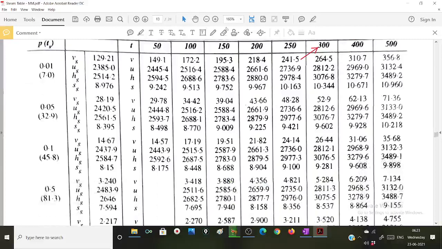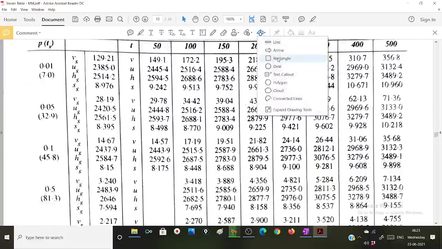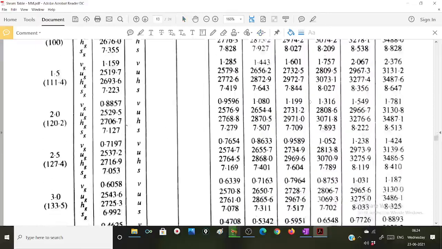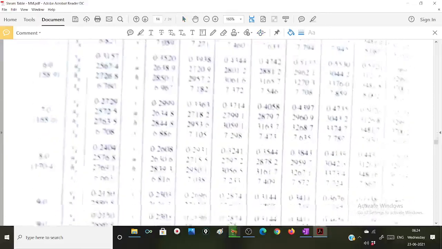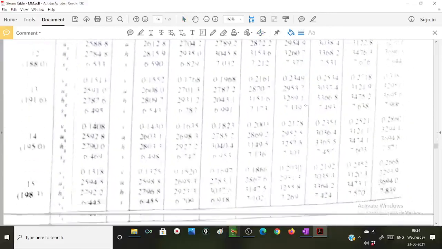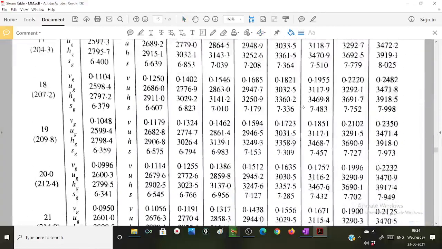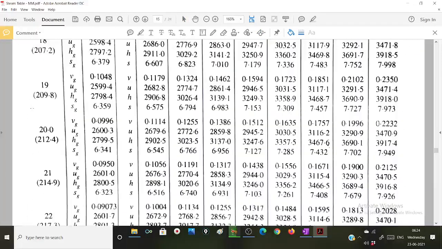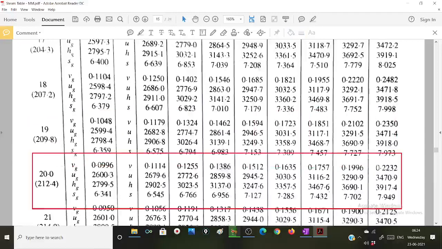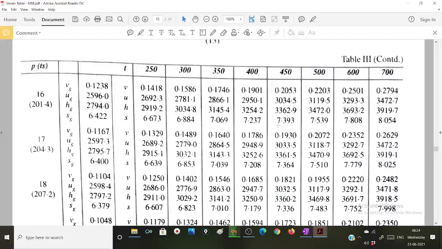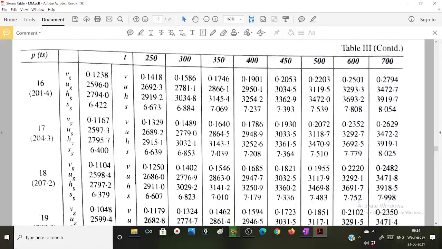So first locate 20 bar pressure. So this is 20 bar pressure, and this is for 20 bar pressure.